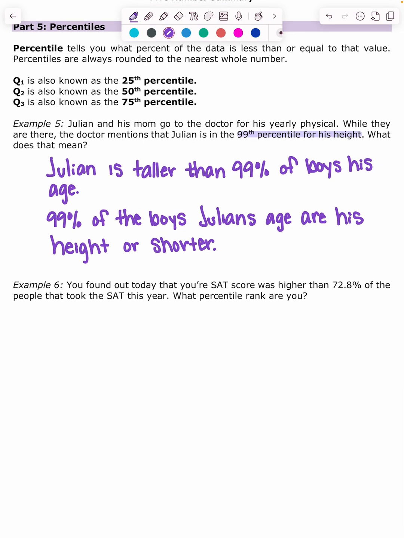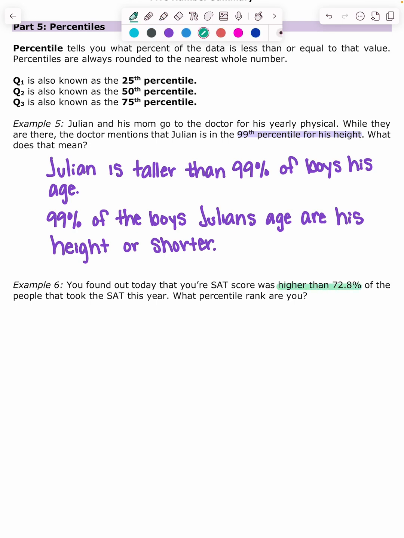Here's another one. You found out today that your SAT score was higher than 72.8% of the people that took the SAT this year. What percentile rank are you? So you are higher than 72.8% of the people that took it.